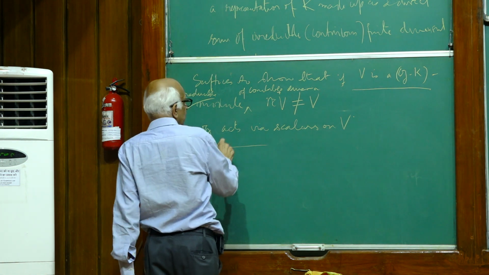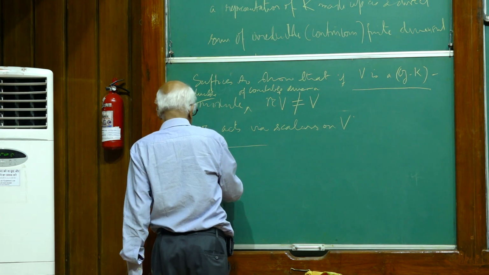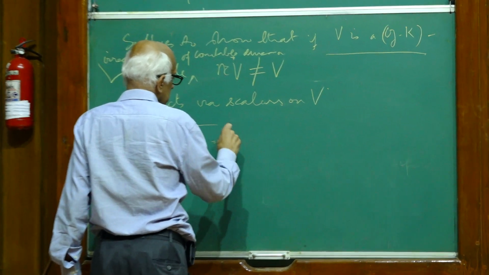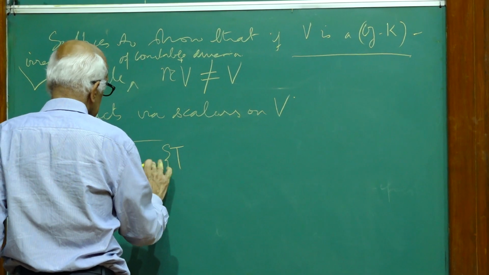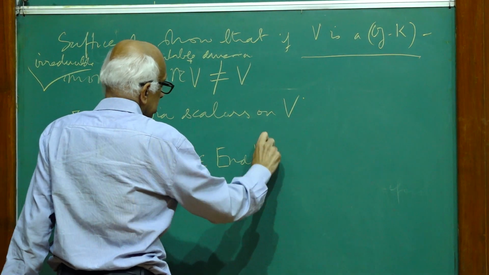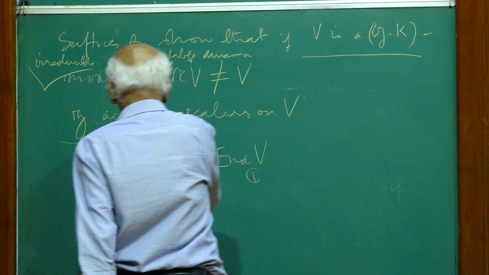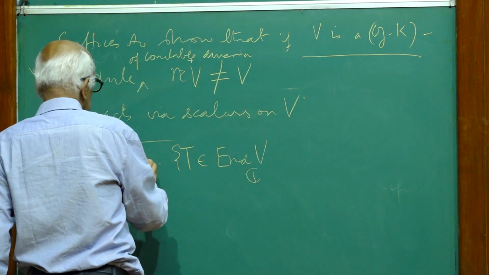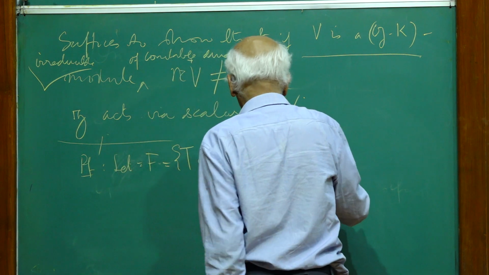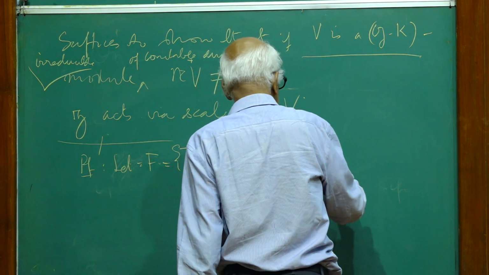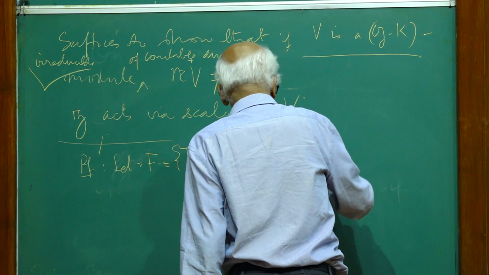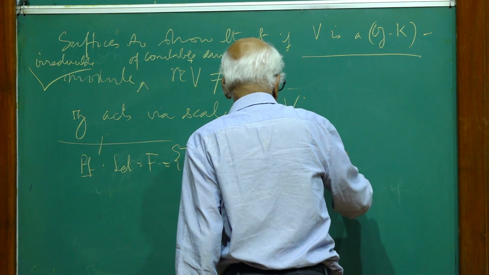The proof of this statement: let F be the set of T in V C such that T is a G K module endomorphism.